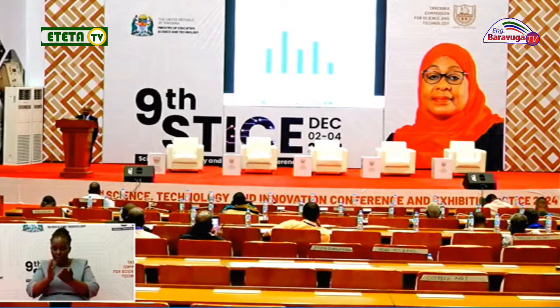You can see this in the graph here: the 33% with very high potential and high potential, but you can also see the moderate potential, low potential, and no potential at all. And this is potential for commercialization.